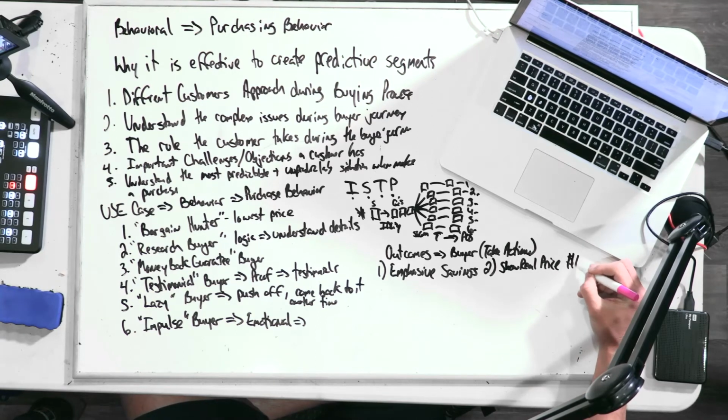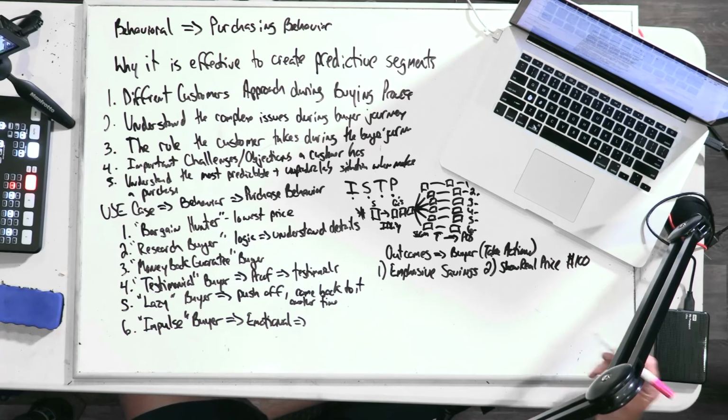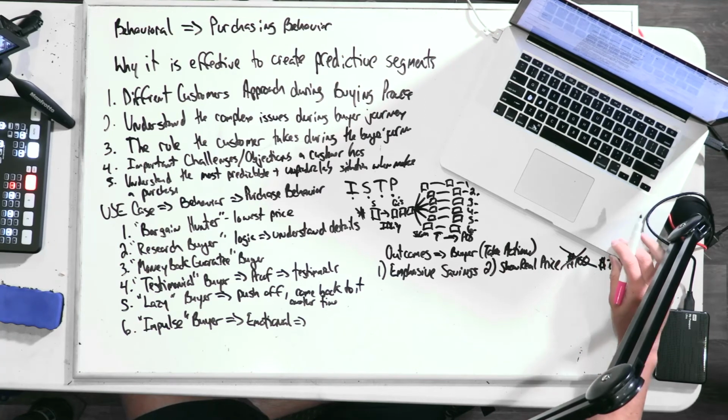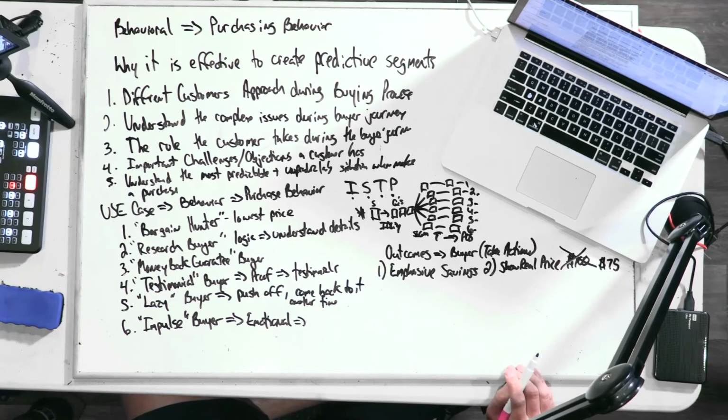So let's say it's $100 and I'm giving 25% off. I'm going to cross out the 100 and show the $75 for today. I'm also, if possible, going to show them comparative products or services in the marketplace and how my price is better than theirs.